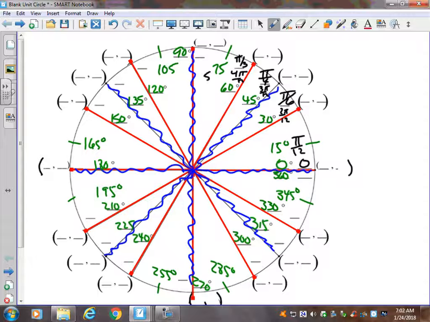The next one is 5/12, which doesn't reduce. The next one is 6/12, which is pi over 2. So you just keep adding up 1/12 every time, and if it reduces, you reduce it. So 7/12 doesn't reduce. 8 over 12 reduces to 2 pi over 3.